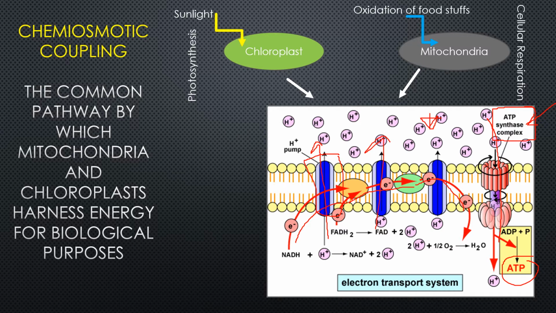So this chemiosmotic coupling is used by both chloroplasts in photosynthesis and by mitochondria in cellular respiration. And the main component of those are the electron transport systems and the ATP synthase complex. And so that's just a summary of how these two organelles are basically ATP producers for the cell.